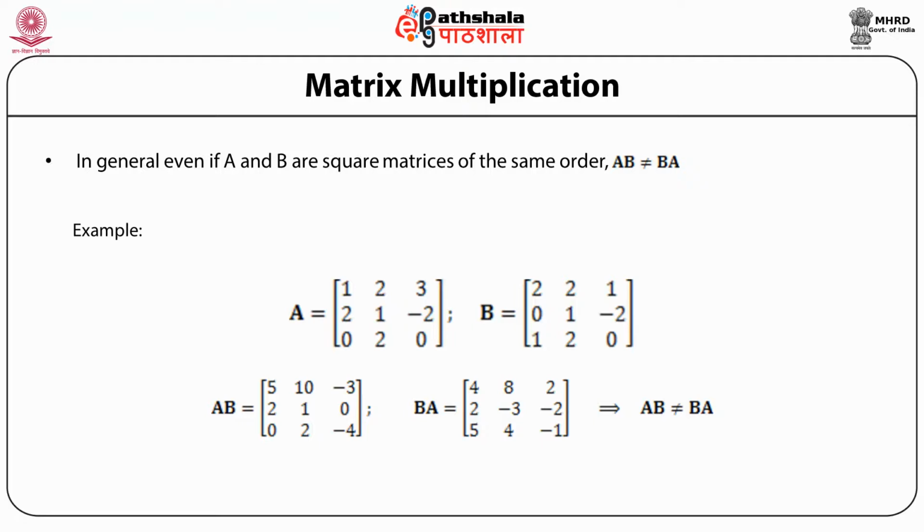Now AB is another 3 cross 3 matrix where the first row is 5, 10, minus 3, the second row is 2, 1, 0 and the third row is 0, 2, minus 4. On the other hand, the product BA is a 3 cross 3 matrix with the first row being 4, 8, 2, the second row being 2, minus 3, minus 2 and the third row being 5, 4, minus 1. This implies AB is not equal to BA.